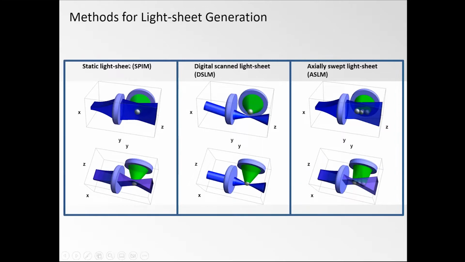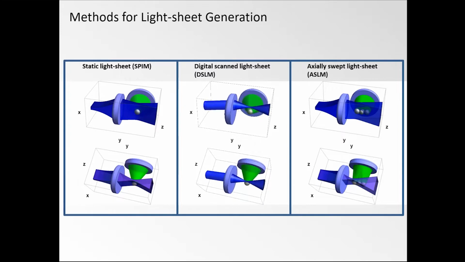So the first one, which is sometimes referred to as the SPIM, which stands for Selective Plane Illumination Microscopy, essentially shapes a laser beam into a one-dimensional focus. So at any time there is a sheet, a static sheet there. Then there are the digitally scanned light sheets, which form a two-dimensional laser focus, or other beam geometries like Bessel beams or optical lattices, if you want.